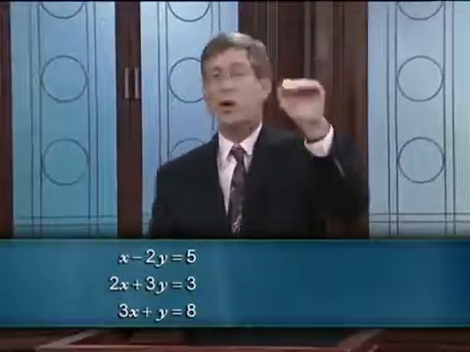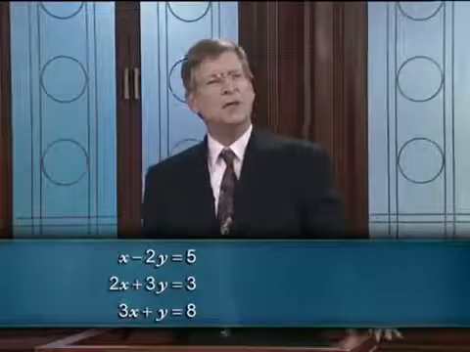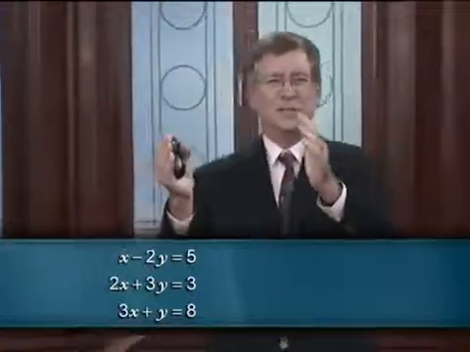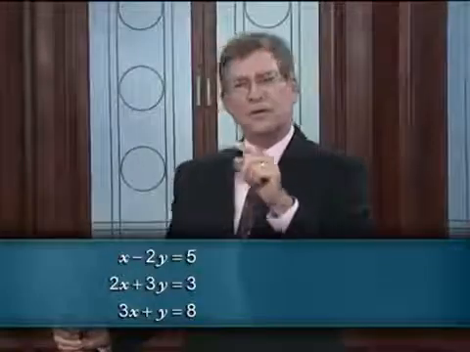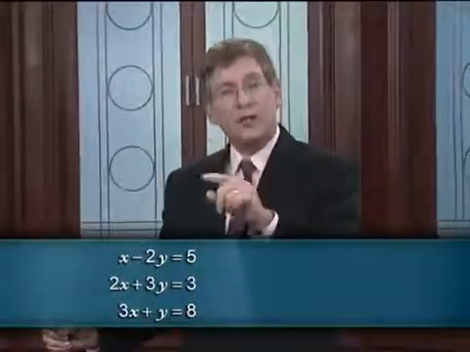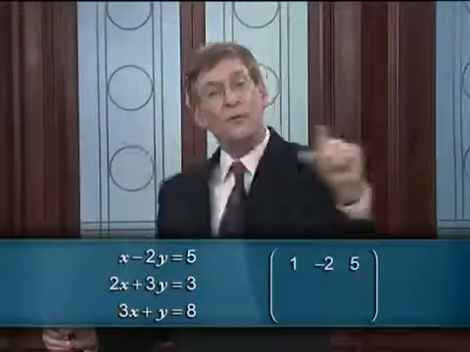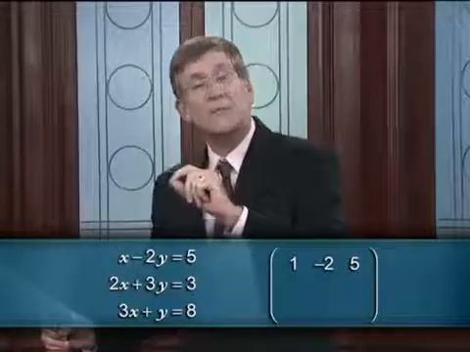And we could do our Gaussian elimination steps, as we've done before, and in a minute we'll do it. But let me first show you how you express that system as a matrix. Okay, the coefficients of the left-hand side, where the variables are 1 and minus 2, and the right-hand side is 5. Those form the first row of our matrix, 1, minus 2, 5.